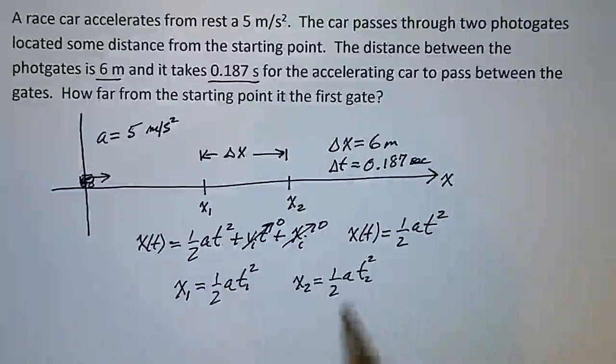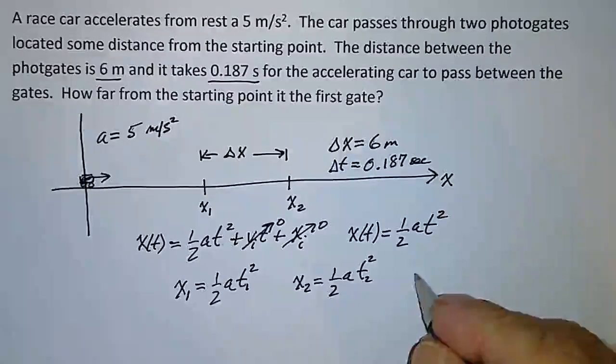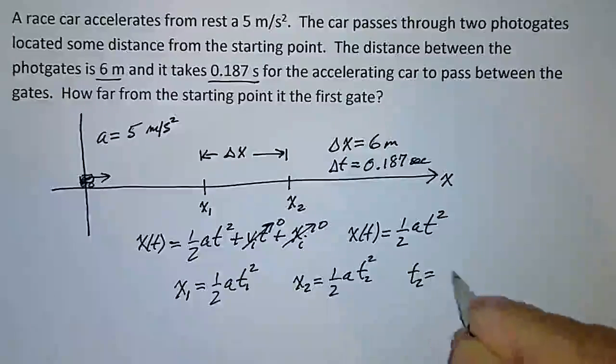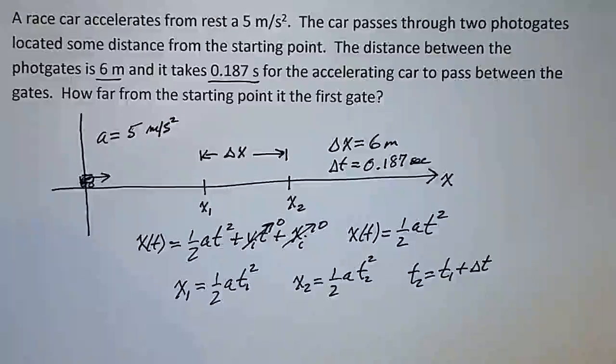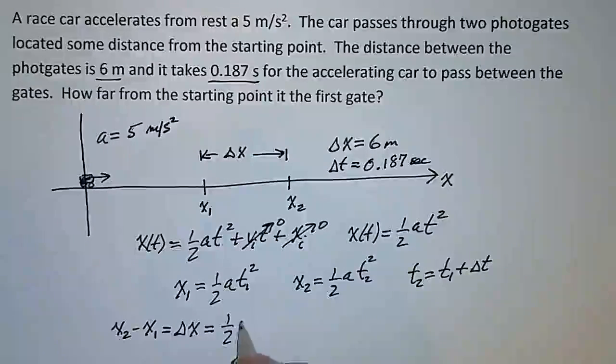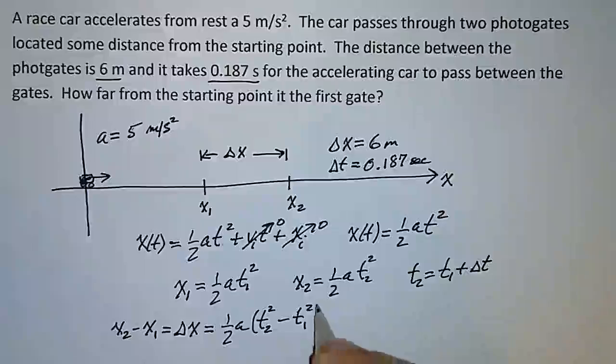So we have a connection between t1 and t2, namely that t2 is equal to t1 plus delta t. And we know that x2 minus x1 is equal to delta x. If I rewrite that, I can write that as 1/2 a times t2 squared minus t1 squared.